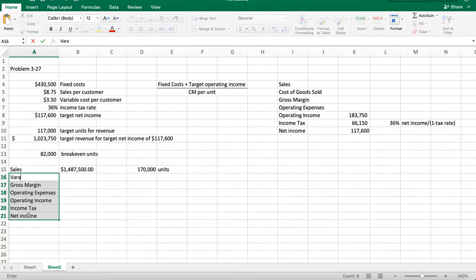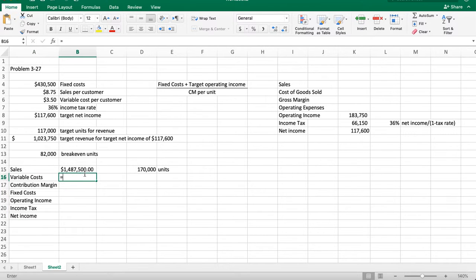My variable cost would be my number of units times my variable cost per unit. My contribution margin then would be my sales minus my variable cost.